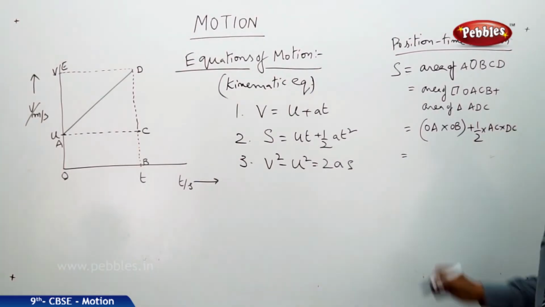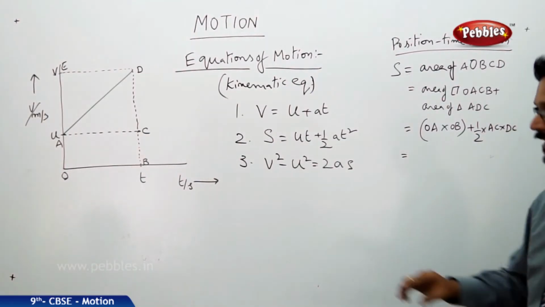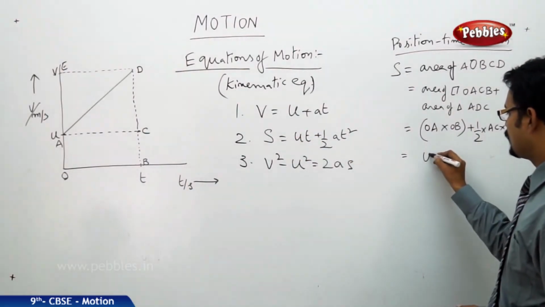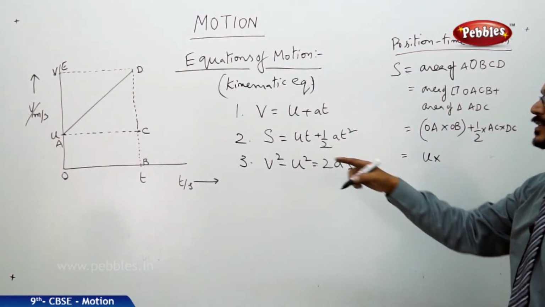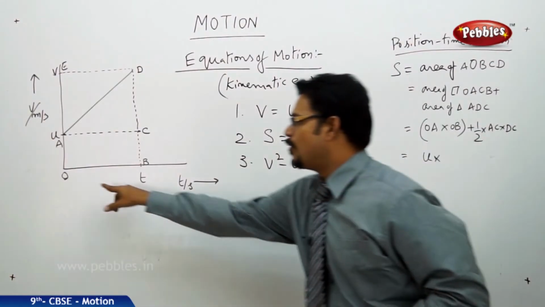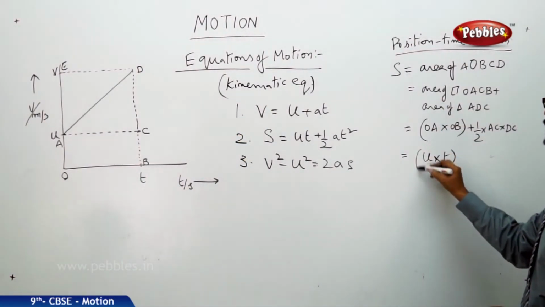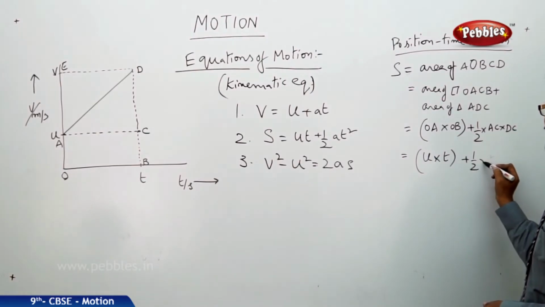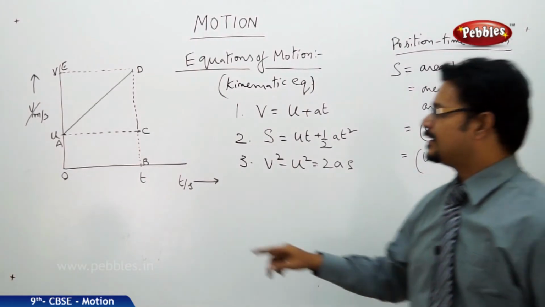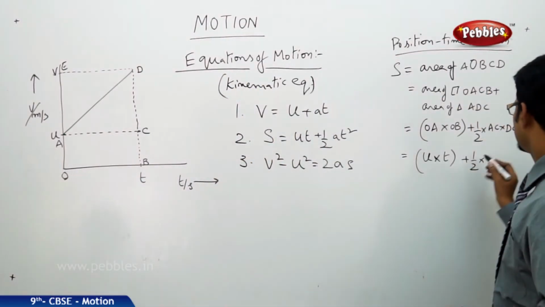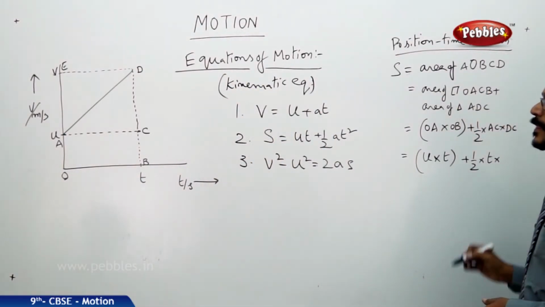Good. Now what is OA? See the graph carefully. OA is U. U into what is OB? OB is nothing but T. So U into T, plus half into what is AC? AC is nothing but OB, again T. T into what is DC?